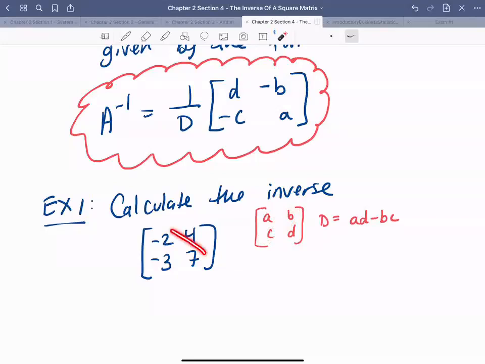So our D equals AD minus BC. Our A in this case is negative 2. Our D is 7. And then we subtract 4 times negative 3.